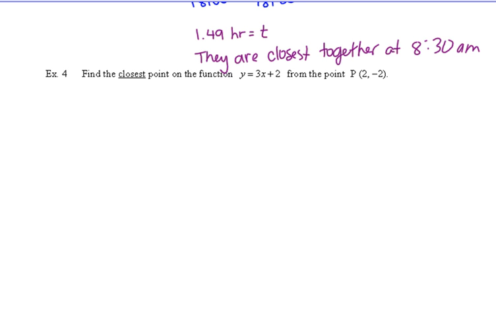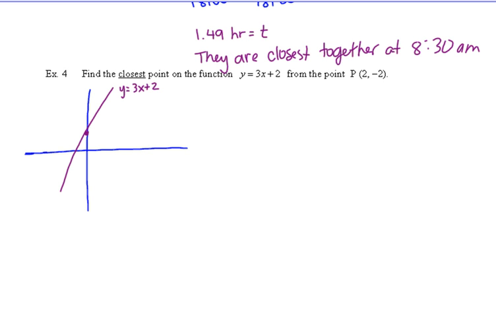Find the closest point on the function y equals 3x plus 2 from the point (2, negative 2). So let's just draw this really roughly. We have the equation 3x plus 2, so the y-intercept is 2 and the slope is 3.